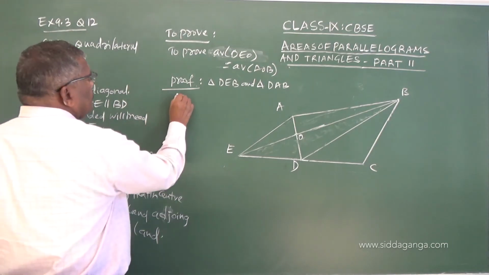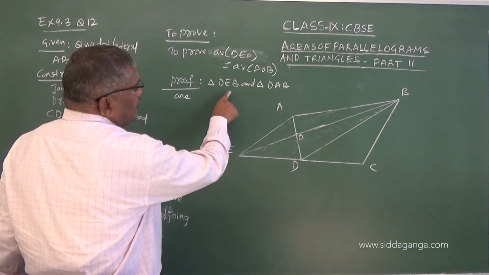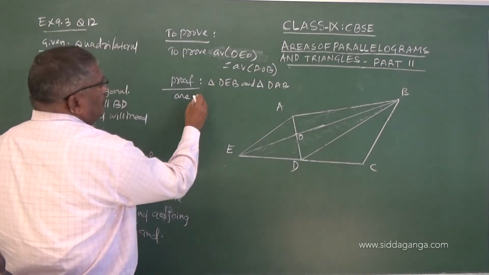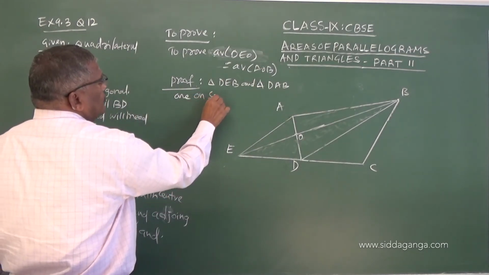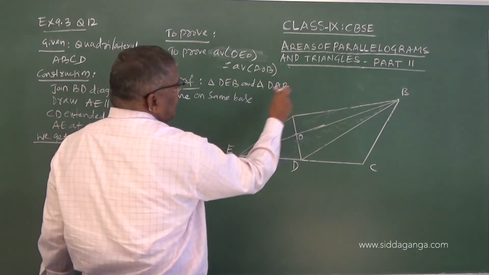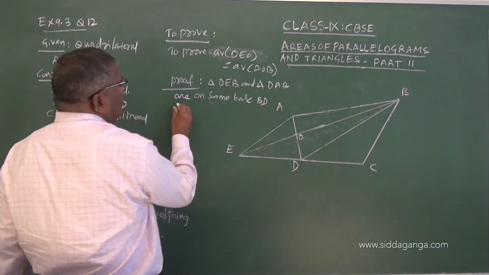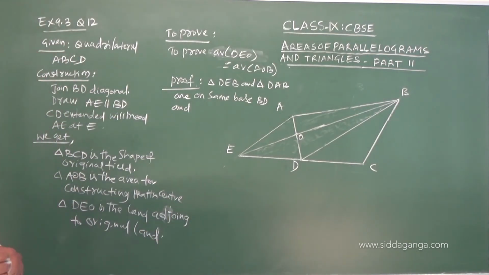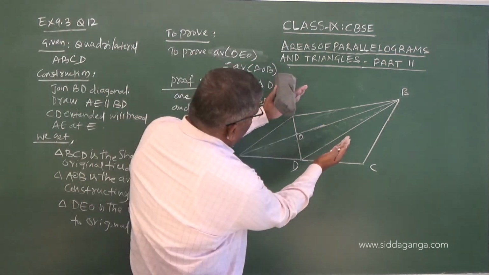Or observe these two triangles, DEB and DAB are on the same base BD and between the parallel lines. You can see this is the parallel line.